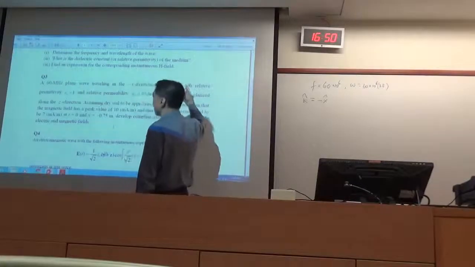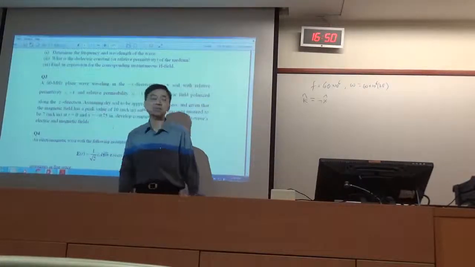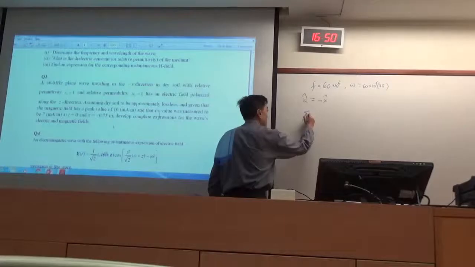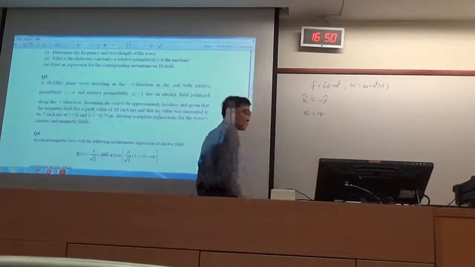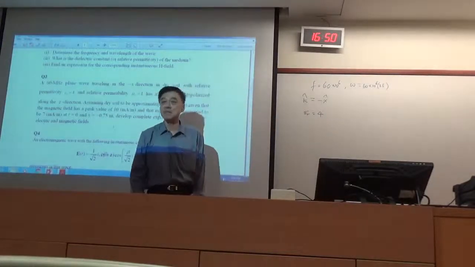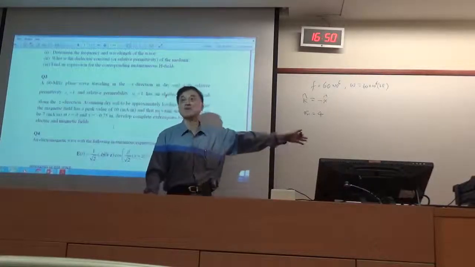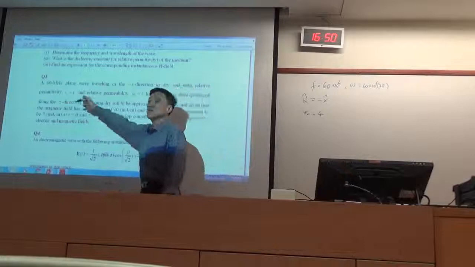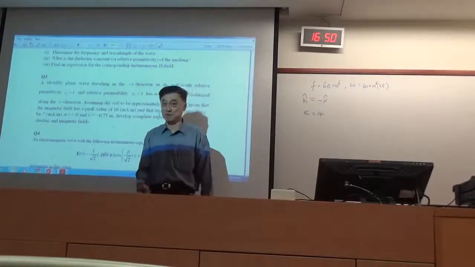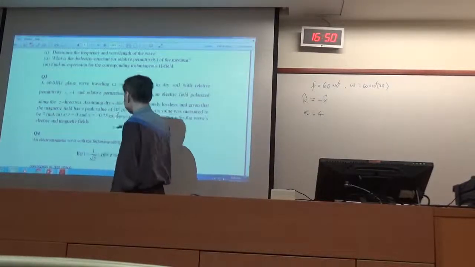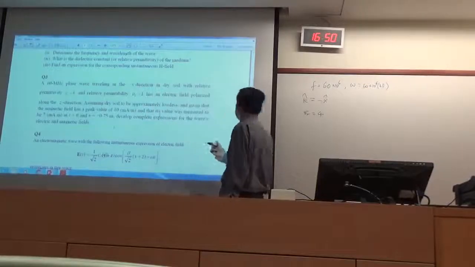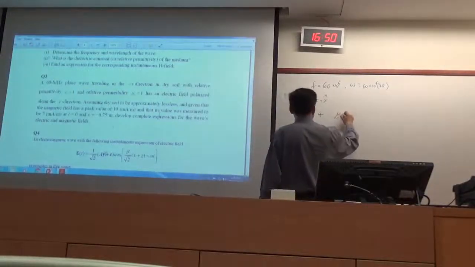The second thing I know: in dry soil, relative permittivity epsilon r is equal to 4. We like to give this kind of number because you remember a lot of square root of epsilon r. So square root of 4 is equal to 2. Okay, so we make life easier. Relative permeability mu r is equal to 1.